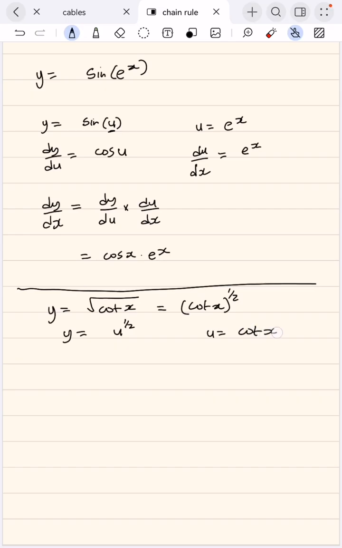Cot is my second function, right? Now if I derive y with respect to u, I'm getting half u exponent minus half, which, if I take it to the bottom, is 1 over 2 square root of u. The 2 is the one from the half. Then here, if I differentiate with respect to x, what is the differentiation of cot?